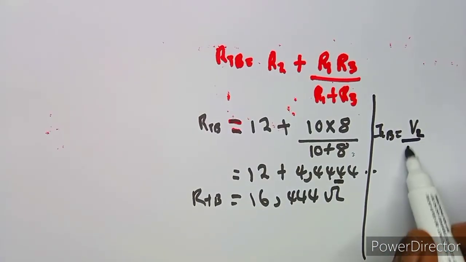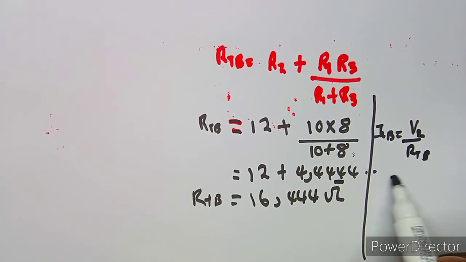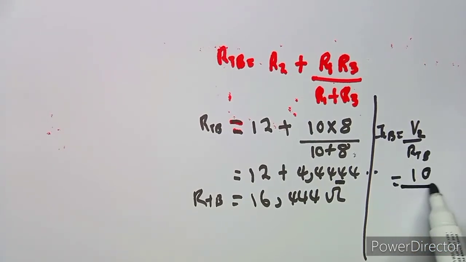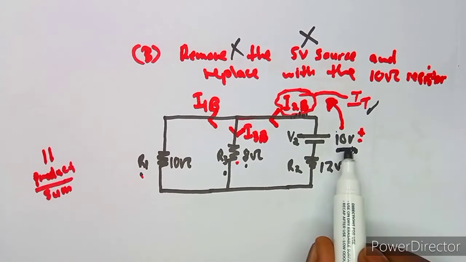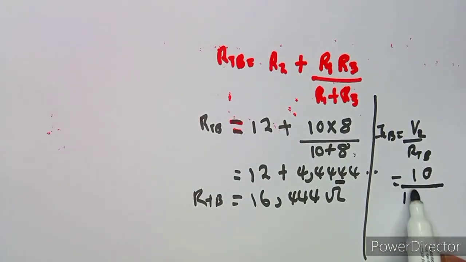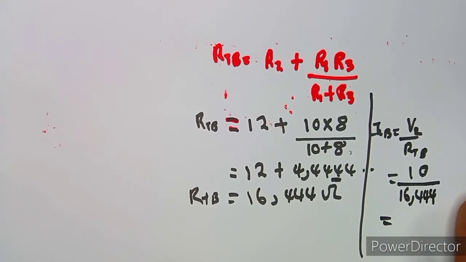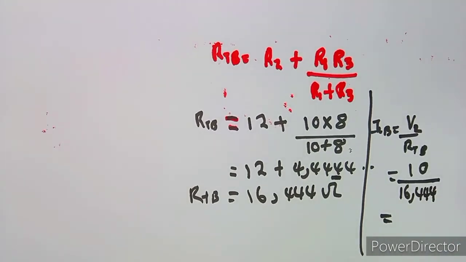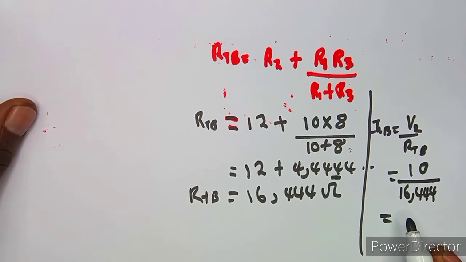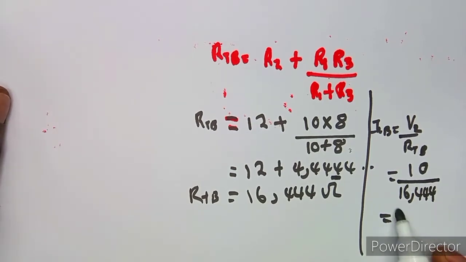So it's V2 over the total resistance of 16.444. This is going to give us a decimal, which is 0.60812 and so forth, which is 0.608.